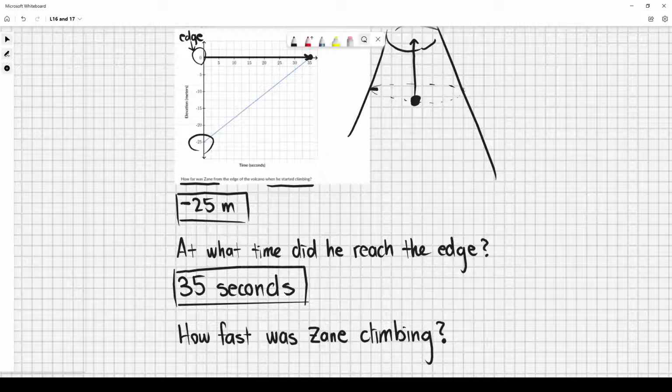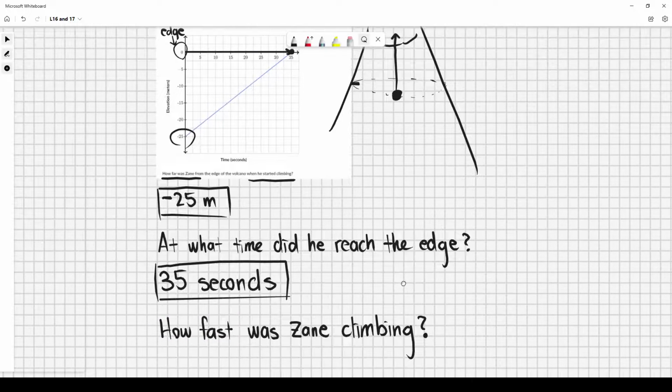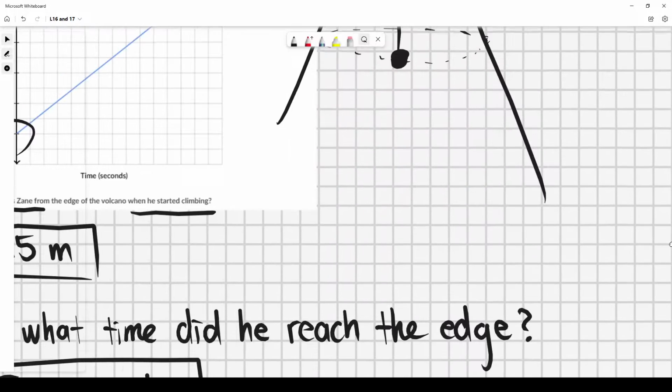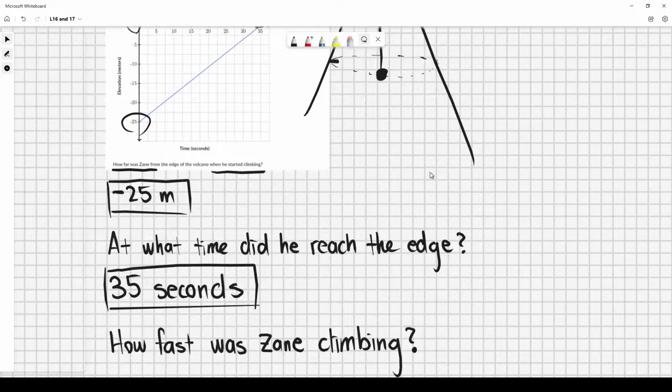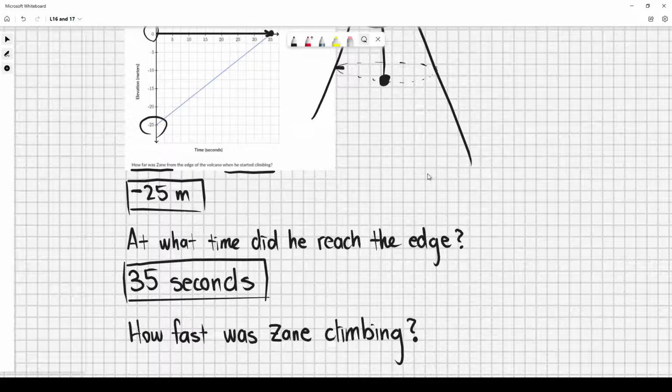Maybe you want to check your simplifying again? So I'm guessing you picked this point and this point. Wait, what happened? Did it freeze? Oh, sorry. So this point and this point, fair enough.